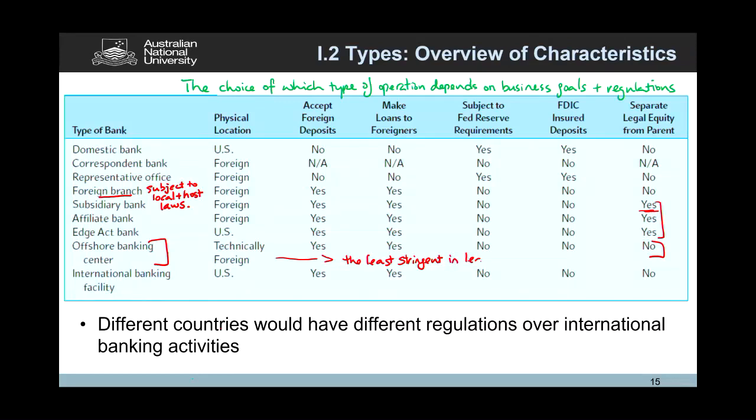In legal requirement. All right, because most of the time, they also face very low or zero taxes on their deposits.